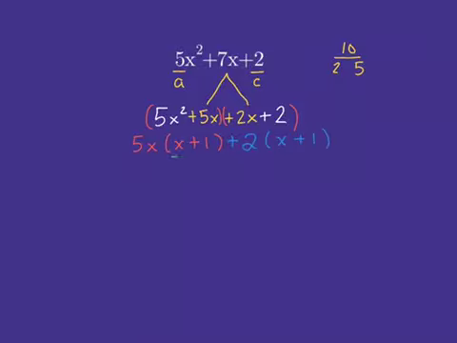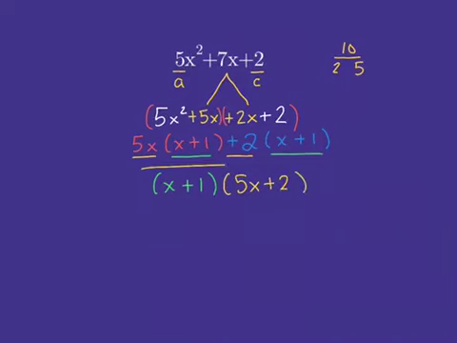So you can see that our parentheses are the same, which is what needs to happen. So now that they both have that x plus 1, we can go ahead and factor it out, and that leaves us with this 5x and this plus 2 to make our second binomial. So this factors into x plus 1 times 5x plus 2. Remember, we could check this by FOILing and we would get exactly what we started with.